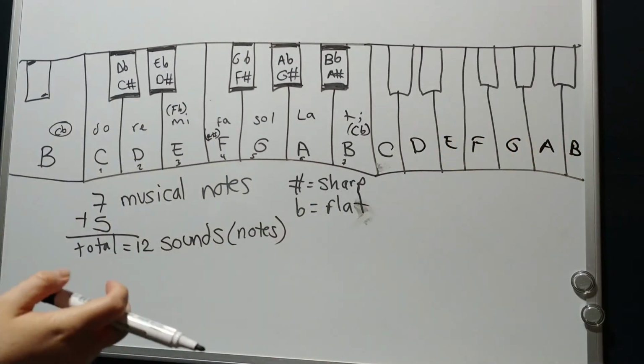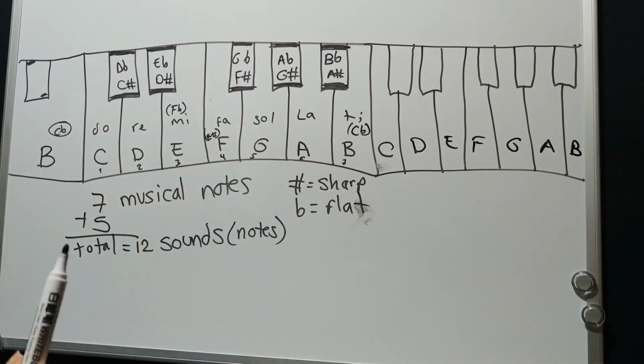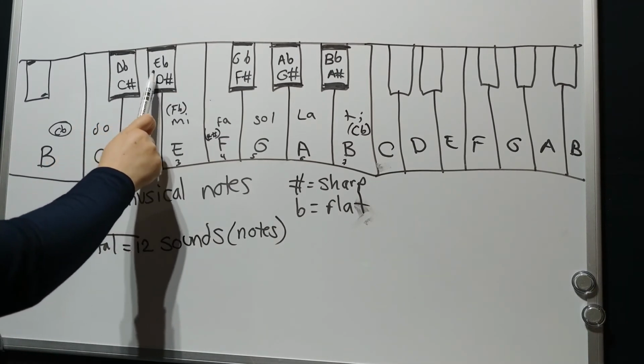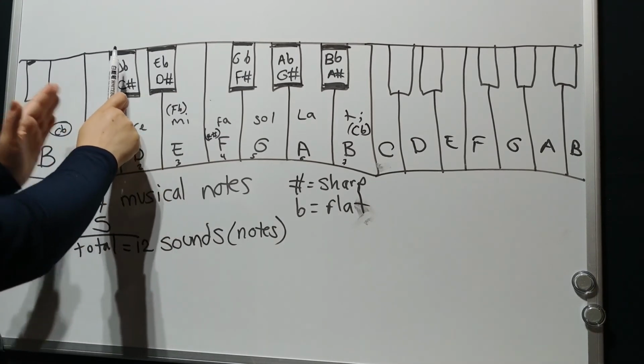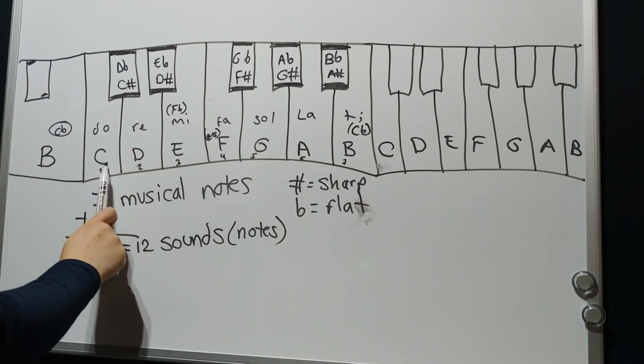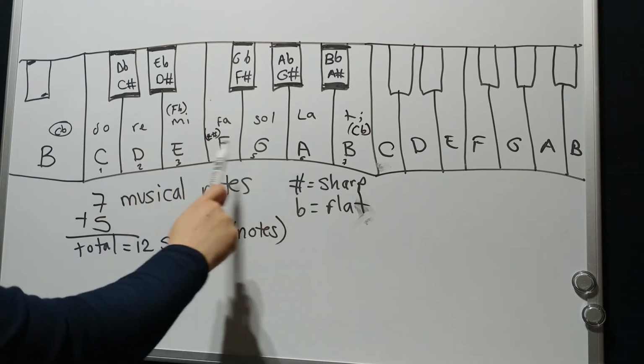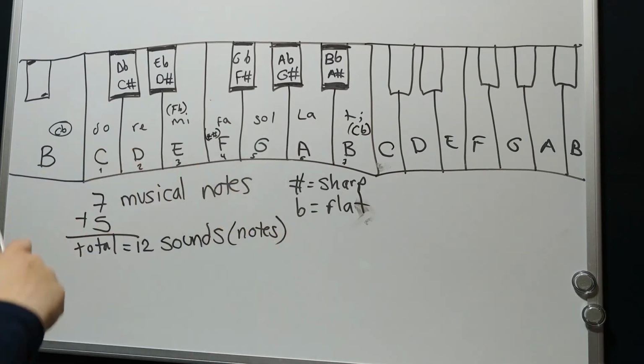Now, these notes can help us identify which note we are playing on the keyboard. All you have to do is remember that anytime you have 2 black notes, the one on the left is Do. Okay? And then from there you start C, D, E, F, G, A, and then you continue.